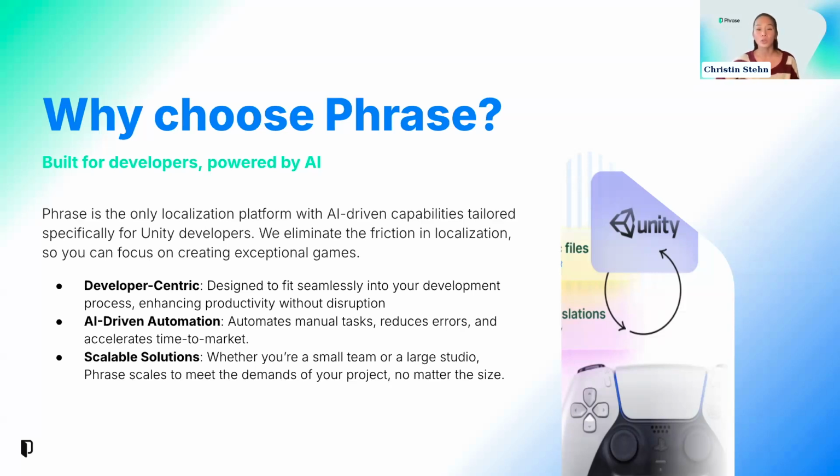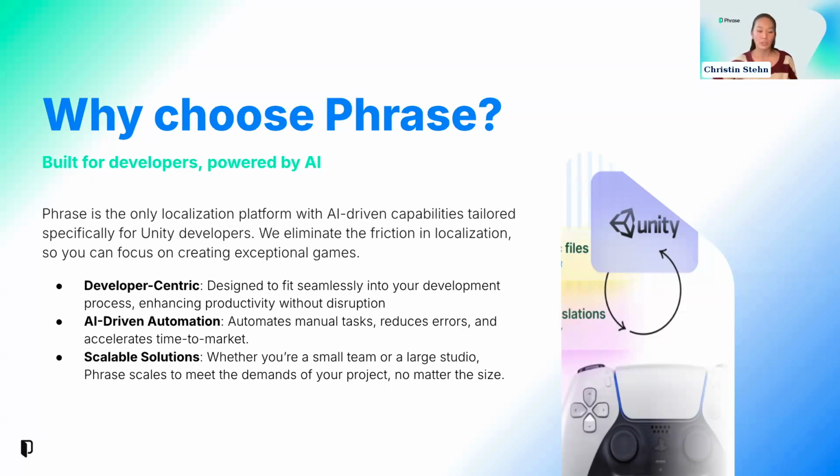Our goal is to remove the friction that often comes with localization, so your team can stay focused on what really matters, which is creating exceptional games. Because Phrase is built by developers for developers, it integrates very seamlessly into your existing workflows, allowing your team to remain productive and focused on building games without unnecessary disruption.